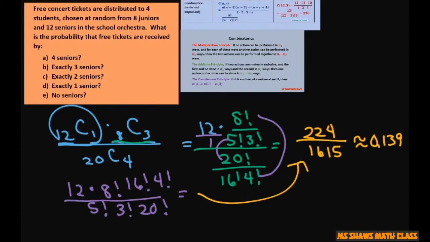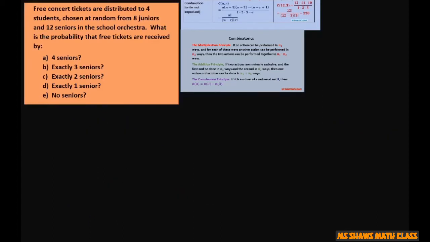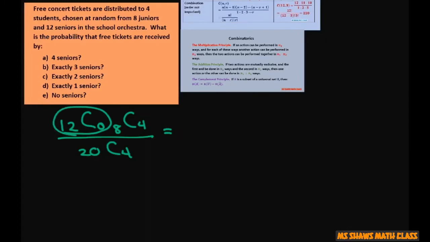All right, and no seniors. So let's do that one. So we have out of the 12, we're choosing 0. And so all of them have to be juniors. And 20C4. So this is just 1. And you're going to get 1 times 8 factorial, 4 factorial, and then 4 plus 4 is 8.